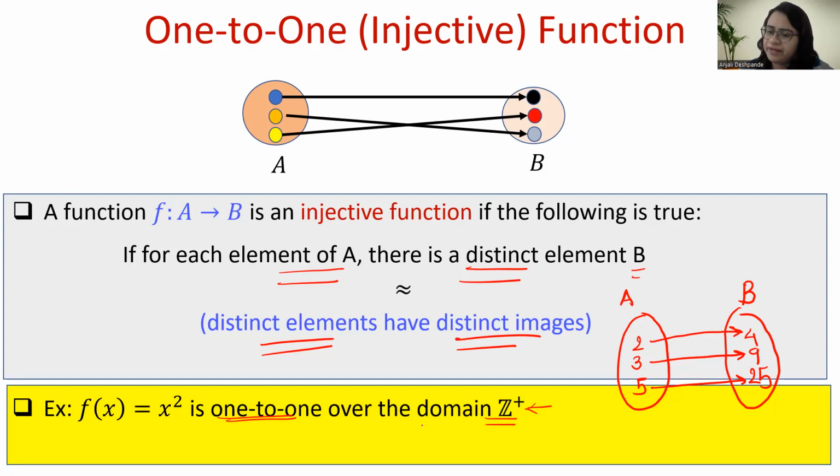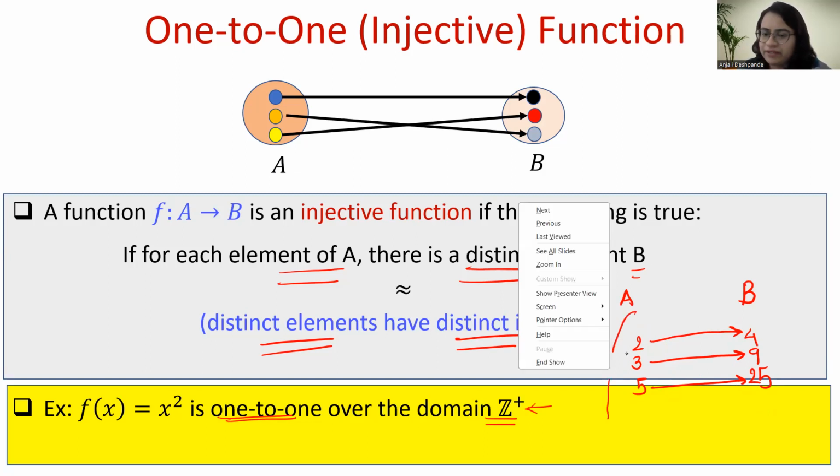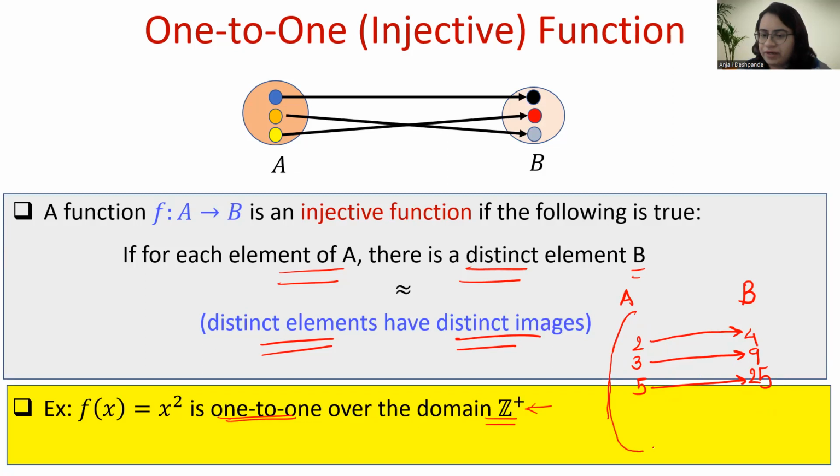So this is why this particular function is one-to-one, but only if the domain is the set of positive integers. Now, what if I take the domain as the set of integers? What will happen? This will remain as it is. But what about -2, -3? -2 will also be related to 4. -3 will also be related to 9.